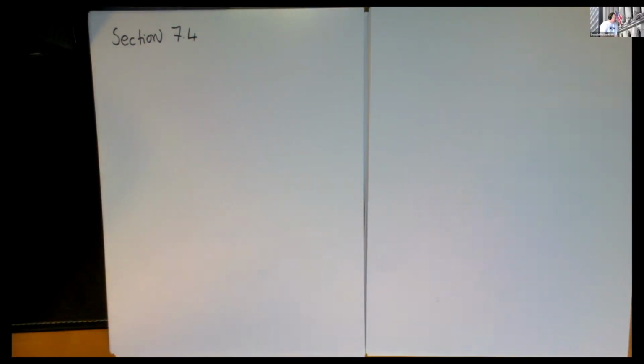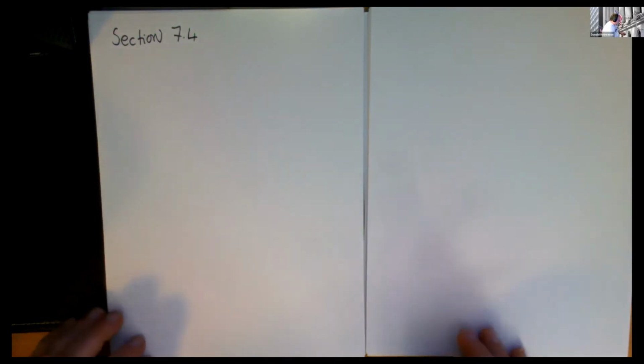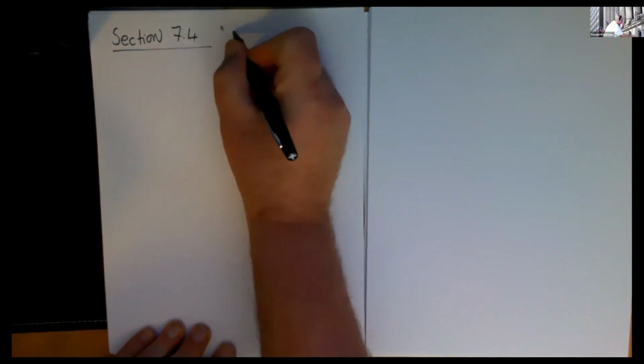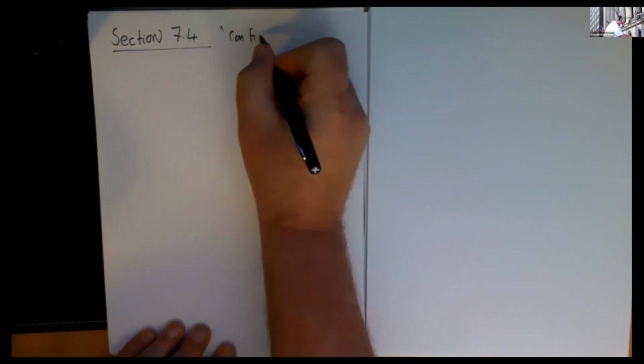Well, let's get started. What we're going to look at today is section 7.4, and tomorrow we're going to look at section 7.5. Section 7.4 is going to deal with what are called confidence intervals.